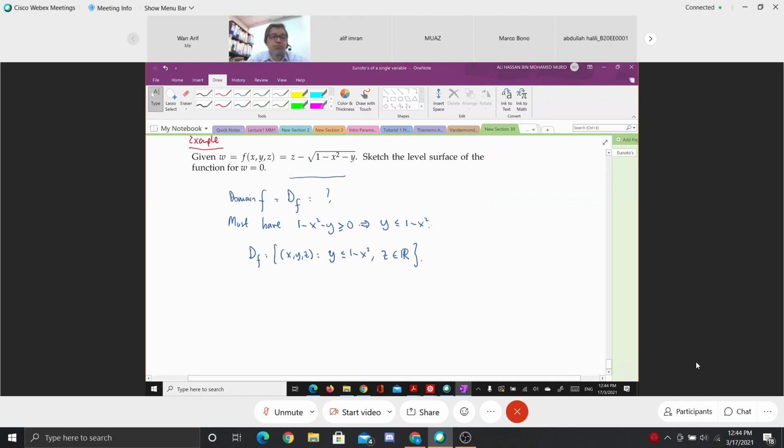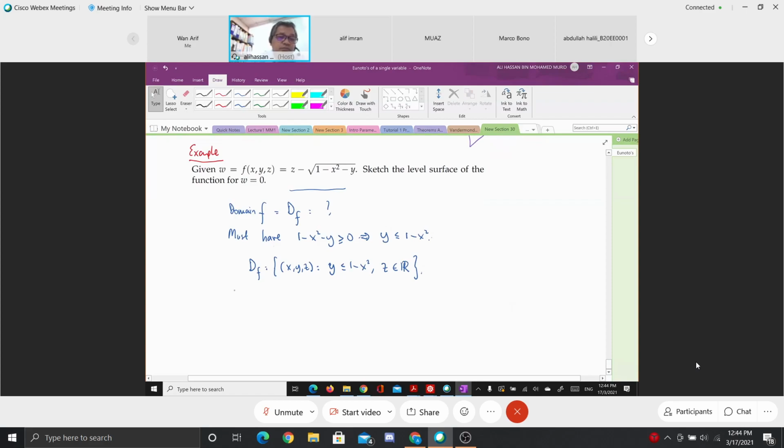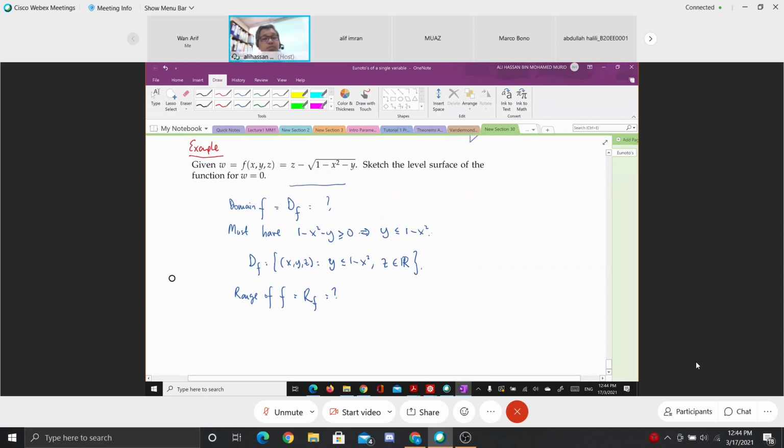Of w. What about the range of f? We know that the square root of 1 minus x squared minus y is always greater than or equal to 0, for x, y in the domain. So what can you say about w?